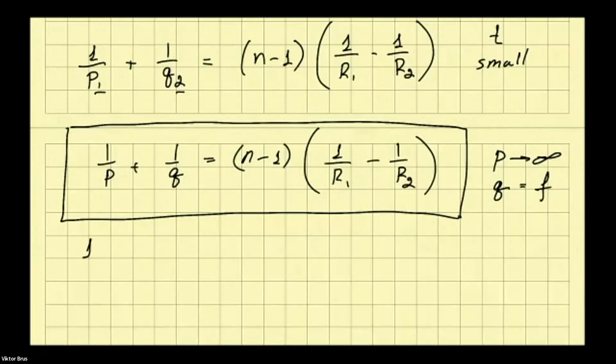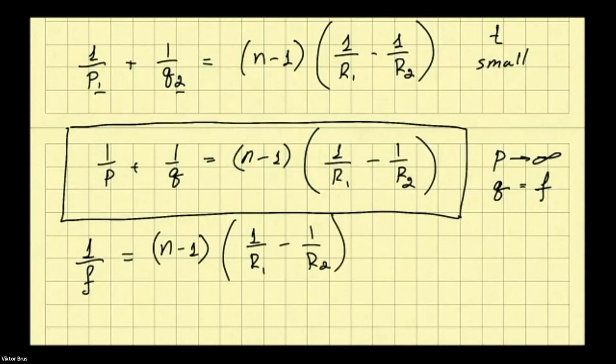So then we can write 1 over f, 1 over the focal distance of the lens. And this equation will actually give us the focal distance of the lens: 1 over f equals (n minus unity) times (1 over R1 minus 1 over R2).